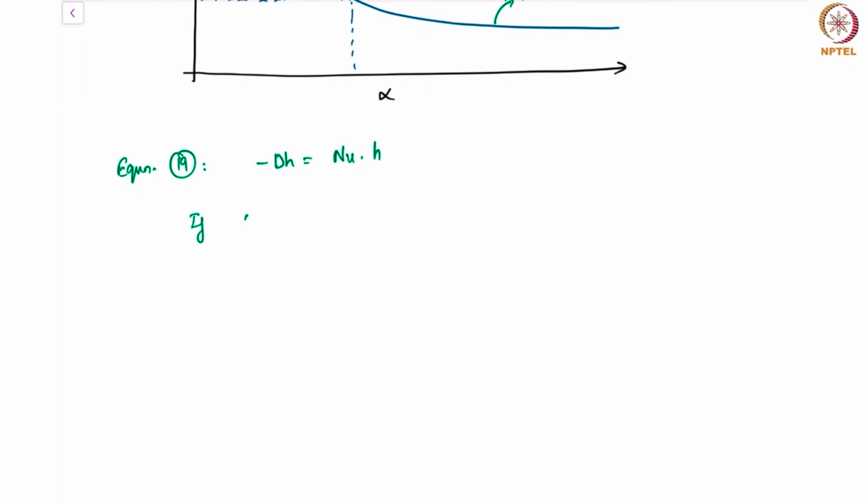So if Nusselt number goes to 0, meaning if there is no convection to the top, then essentially it means that dH/dz is 0. This is an adiabatic condition at the interface, and no heat is getting lost to the surrounding.